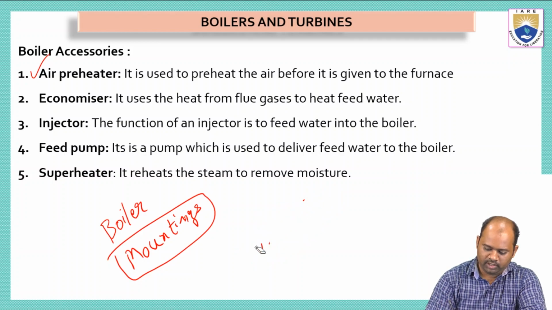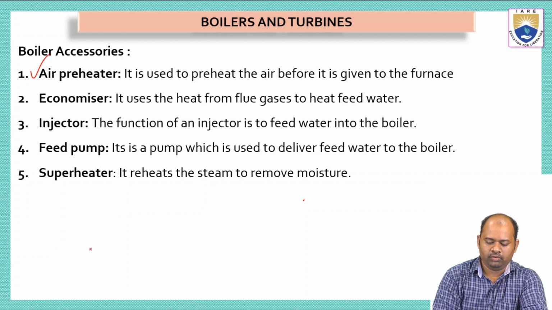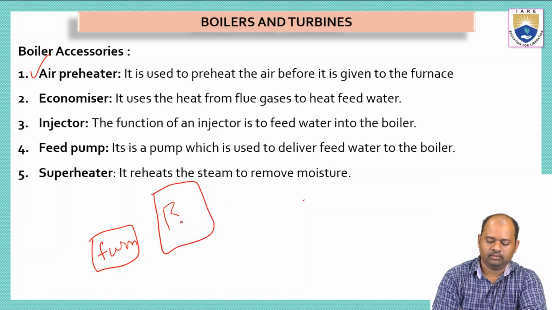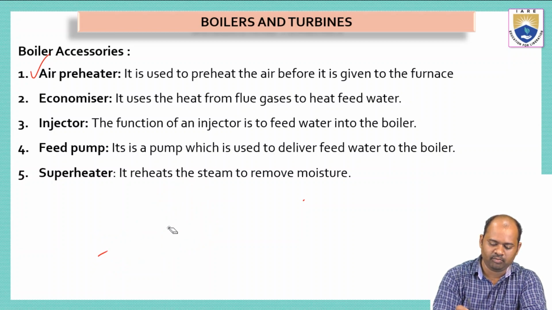Now, let us try to understand the whole procedure. We have seen this already. So, there is a furnace, there is a boiler tank, and inside this boiler tank, we will collect the steam. This furnace is generally placed inside the boiler.